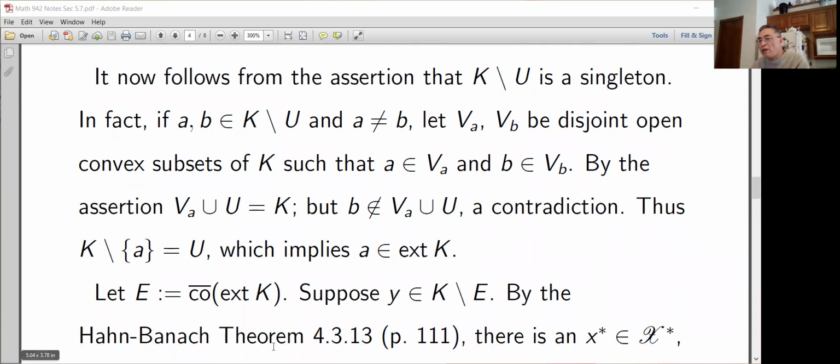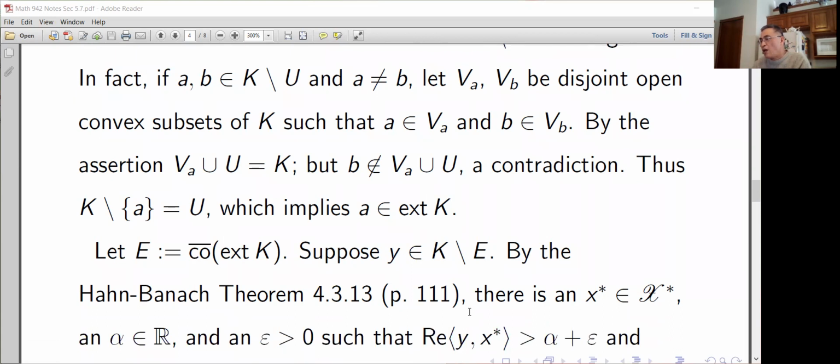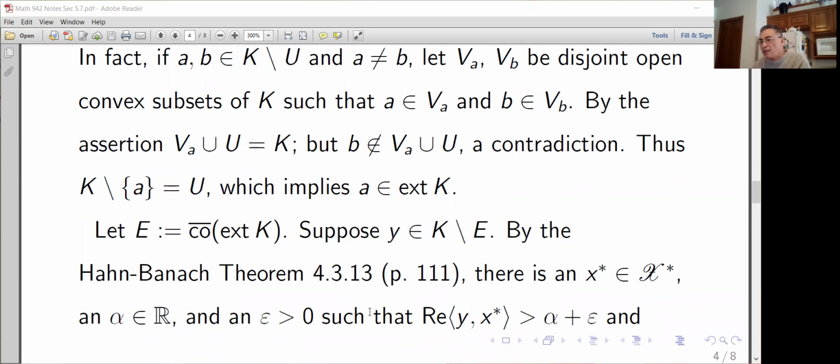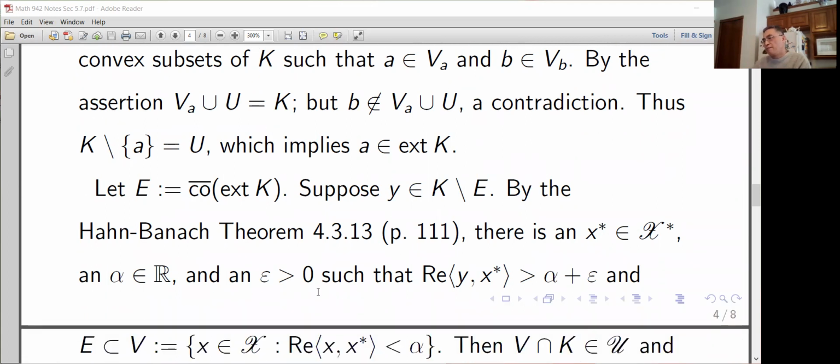So by the Hahn-Banach theorem 4.3.13 on page 111, there is a continuous linear functional X star in X star which separates the point Y and the set E in this way.